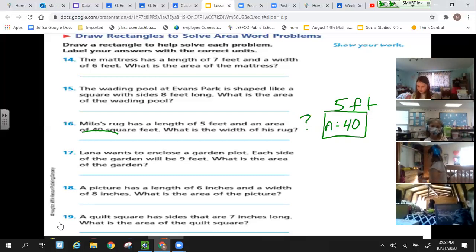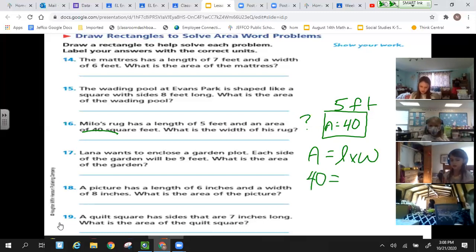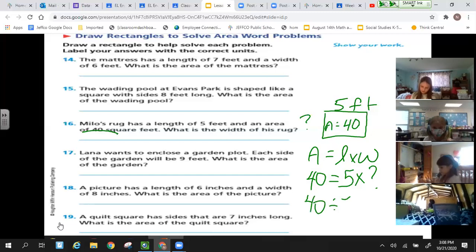Marin, how might I find the width if I know area equals length times width and the area is 40 and I know that the length is 5? How can I find that width? So if you did not hear Marin, she said you could just do 40 divided by 5, and that's how you could find the missing factor.